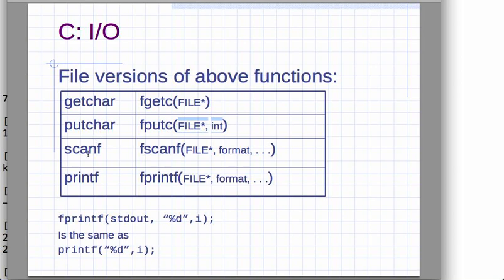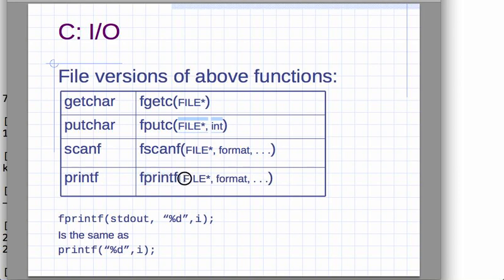Okay, just like we have scanf to read from standard in, you have fscanf to read from a particular file. That is, assuming that you've opened it for reading, then you can use fscanf just like we did scanf. And as you can guess, just like we have printf, we have an fprintf to write to a file.